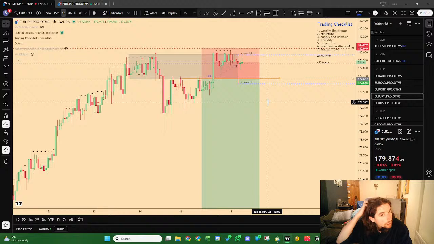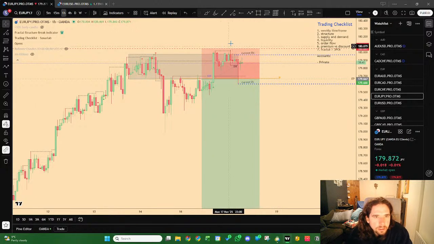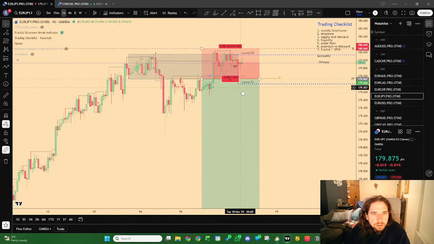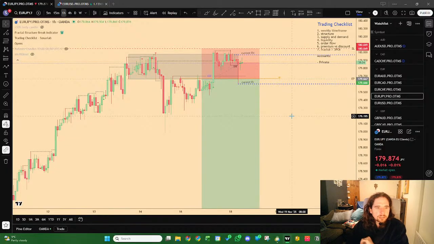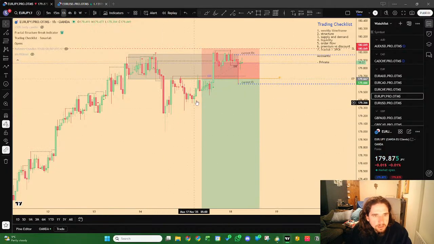So we can predict that it will break structure to actually close higher than the 180. That's a psychological level. So it actually did close above that. But yeah, we're going to expect, especially with all these highs and these lows here.